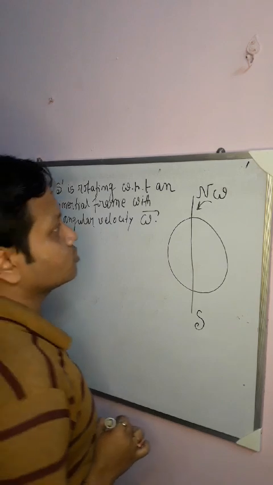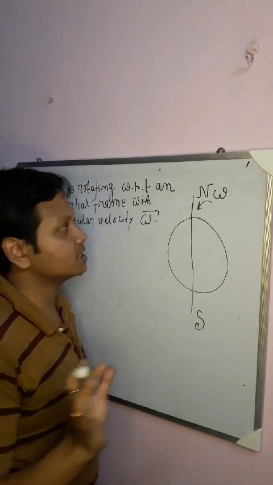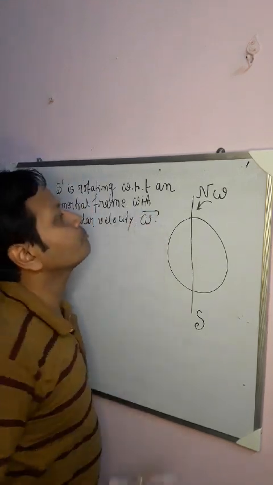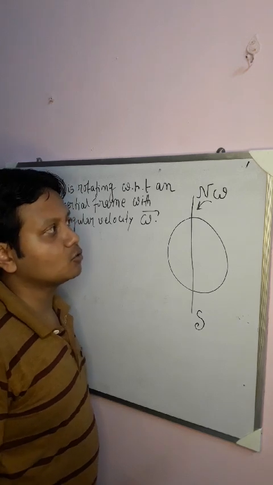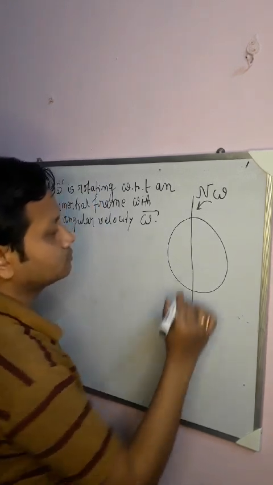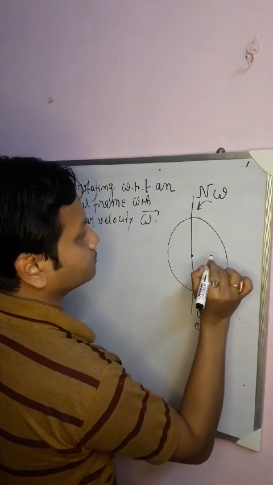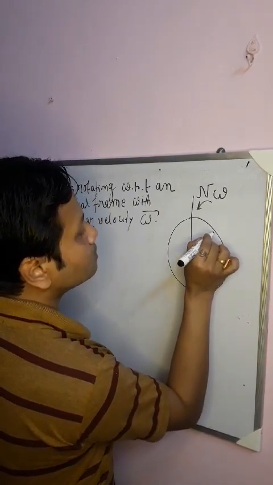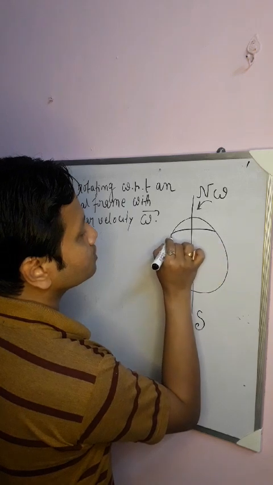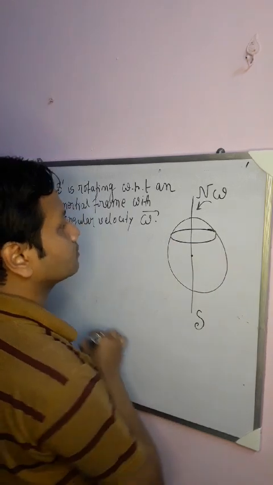Suppose an S dash frame is rotating with respect to an inertial frame with angular velocity omega. Now this is the radius of the rotation.